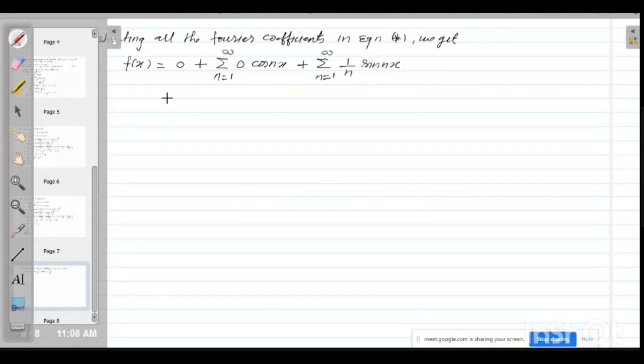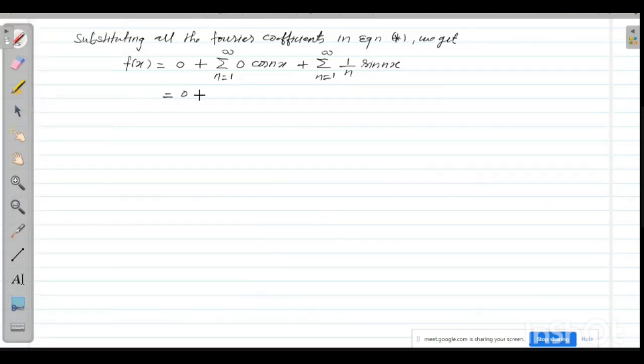Okay, just simplify this. So this is equal to 0 and plus 0 and plus the sum running from n equal to 1 to infinity of sine nx by n. In more simplified form, we write this as the sum of n running from 1 to infinity of sine nx by n.